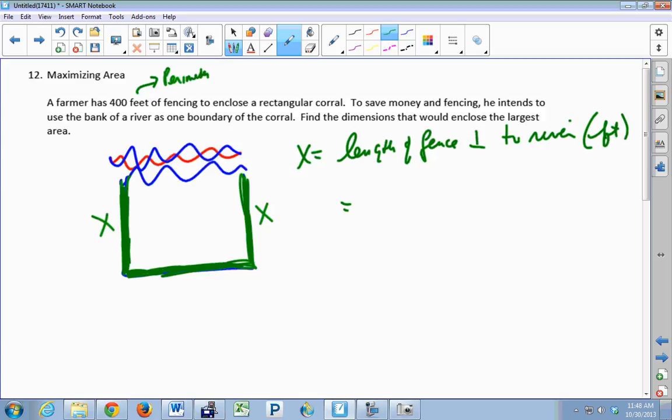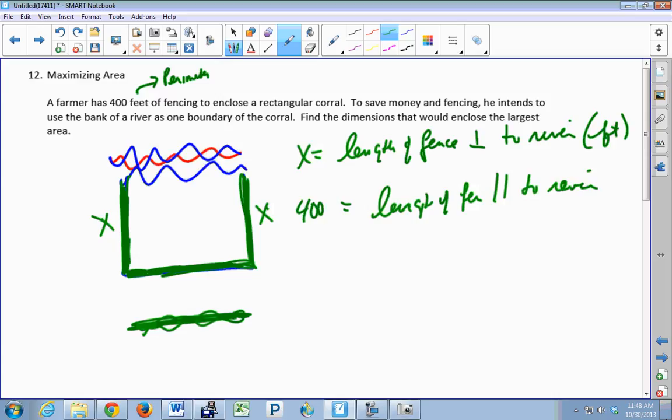So how do I represent the length of the fence that's parallel to the river, with an expression with x in it? If these two lengths are x, what's going to be the length of this piece right here? I got 400 feet to begin with, and I'm going to use x feet here and x feet here.